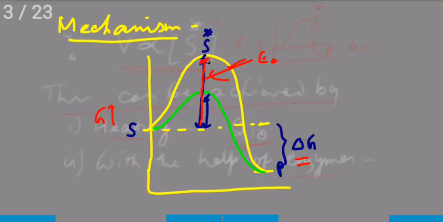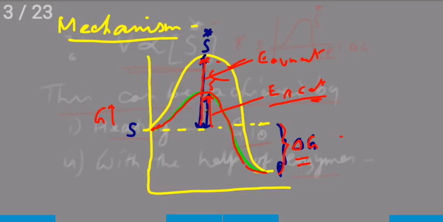When enzyme is added, this is the EA of the catalyzed reaction, cat. This is uncat. So the activation energy EA of a catalyzed reaction is much lower than that of an uncatalyzed reaction, and that is why the substrate quickly reaches the transition state, from where it can be broken down to the product, delta G remaining the same. So that is how an enzyme brings about a reaction faster.